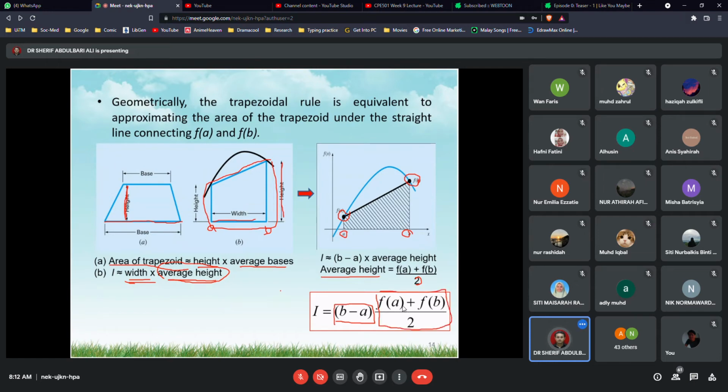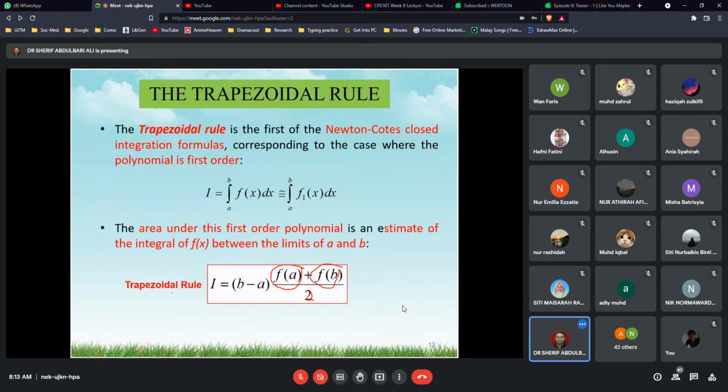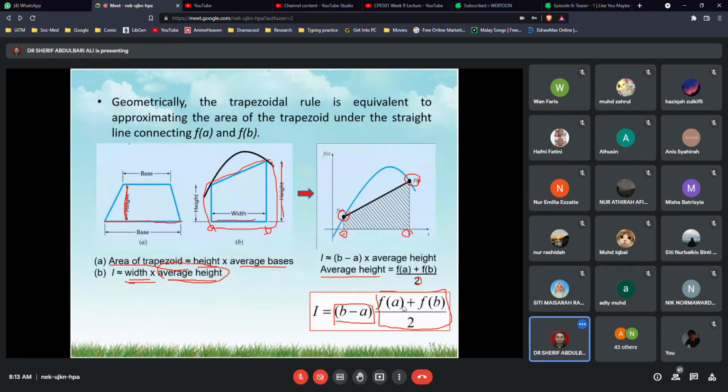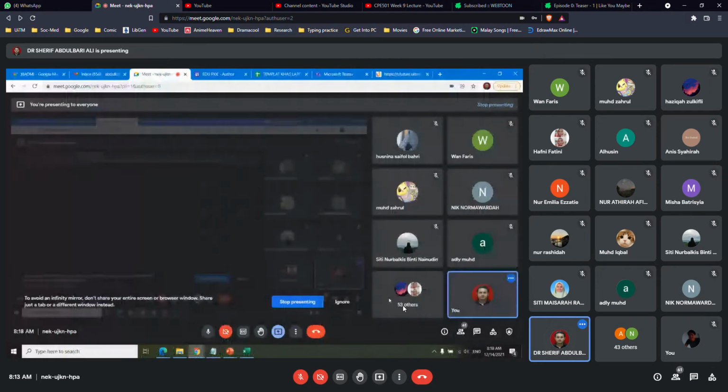This is how the trapezoid rule comes about, from the graphic here. So no worries about the equations. As I said before, you don't need to remember them. We are going to provide you in the appendix all the equations that you need to solve for the exam.